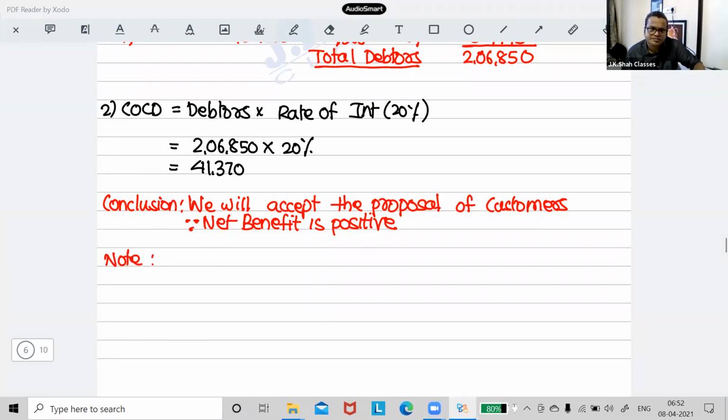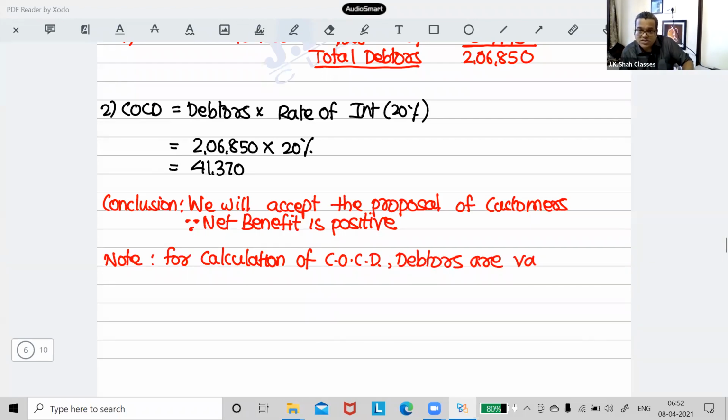Note, for calculation of COCD, cost of carrying debtors, debtors are valued at cost. Direct cost, cost of sales, anything is fine.